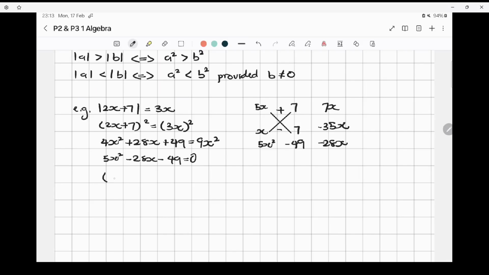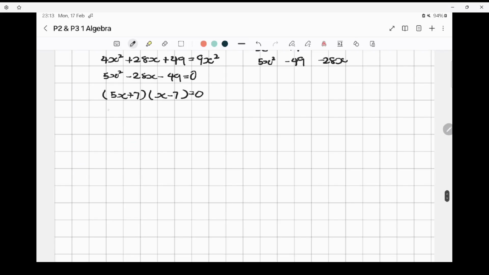So in the end you will get (5x plus 7) multiplied by (x minus 7) equals 0, so x equals 7 or minus 7 over 5. Remember, you always need to check your answers, because one of the solutions might not be an answer.